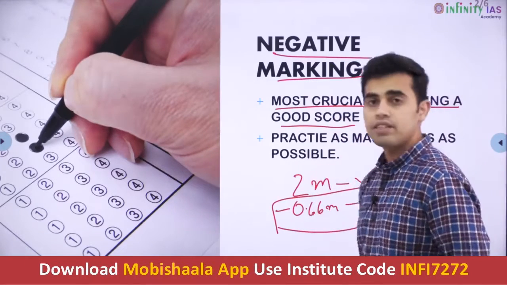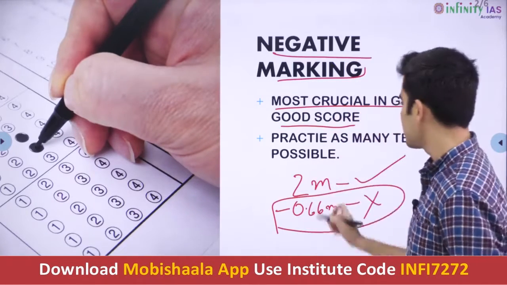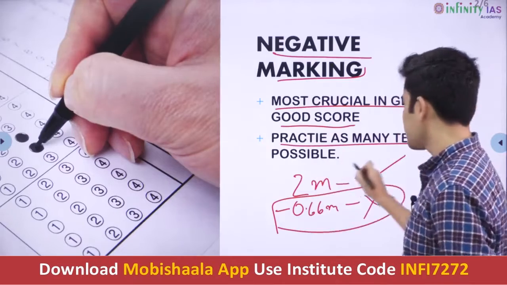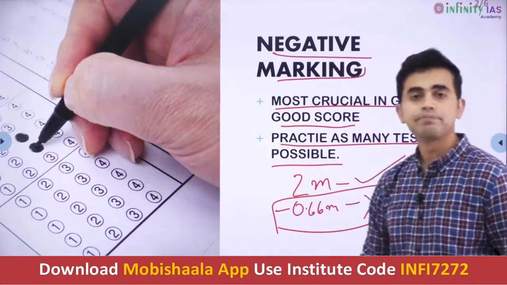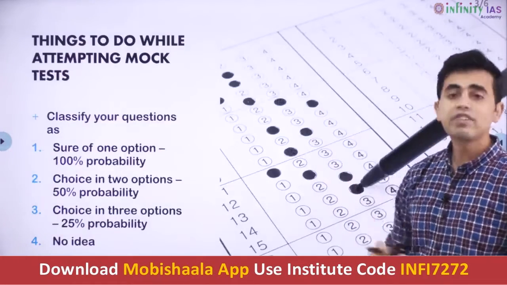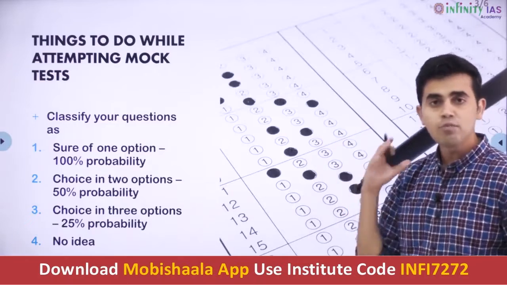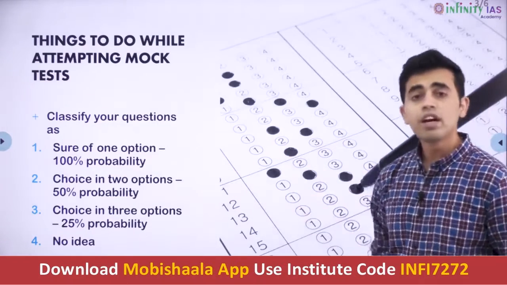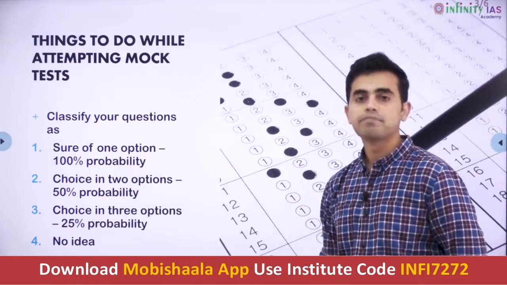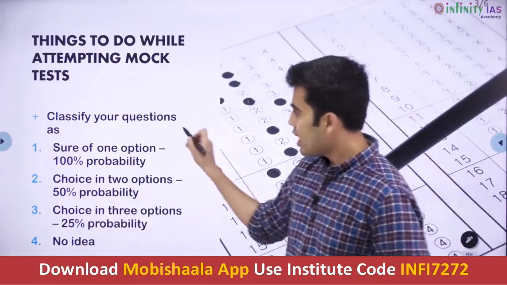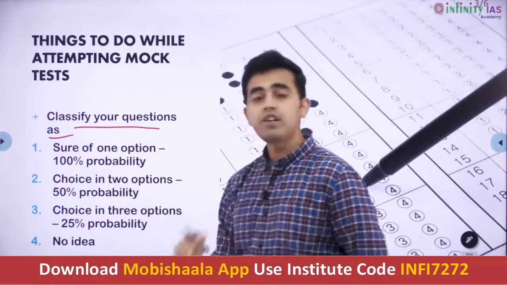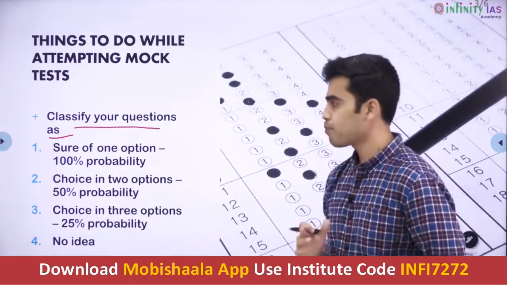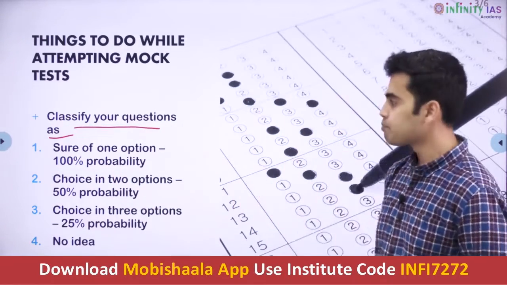The first important thing that we need to find the balance is to practice as many tests as possible. And when we are practicing these mock tests, we have to keep a few things in mind. Firstly, classify your questions while you are attempting the mock tests. How to classify them?